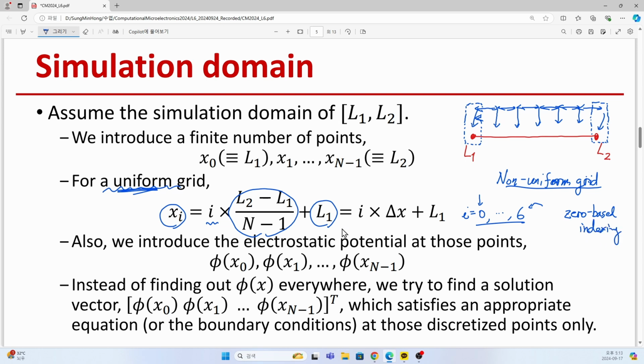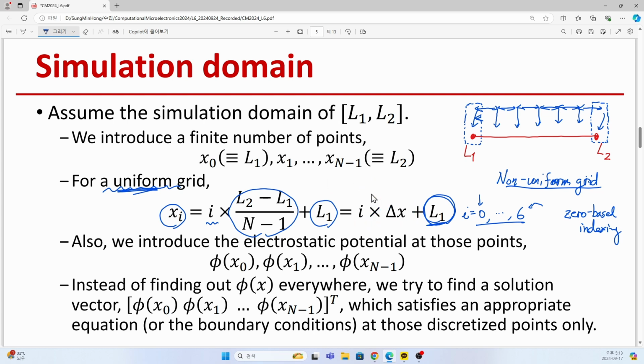In this case, we can simply write down in this way, starting from the initial point, the equidistant step, and the number of steps. For example, when we have i equal to 0, this is the very first point, so this one doesn't contribute, and we will just recover L1.